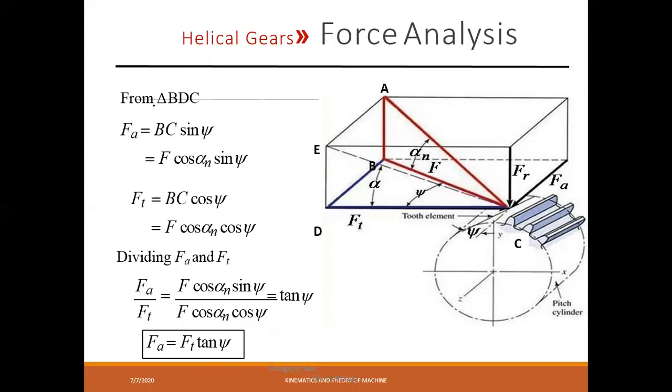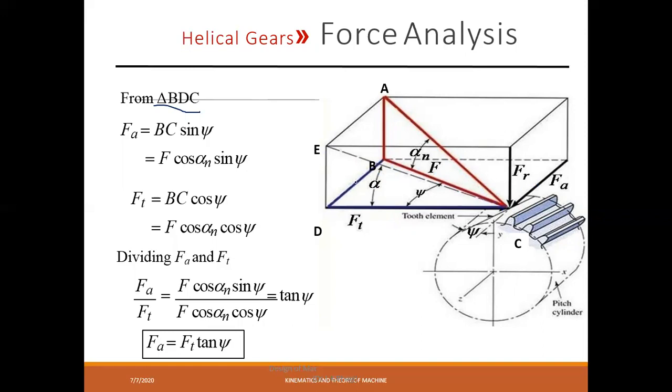From the triangle BDC, FA is equal to BC sin psi. How? Because this is the same angle, so we can take BD equal to FA.